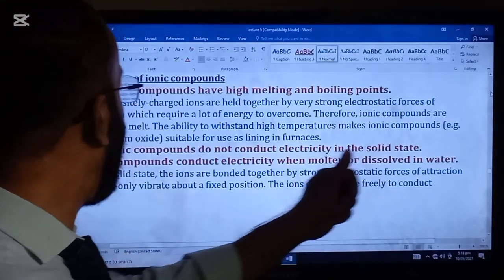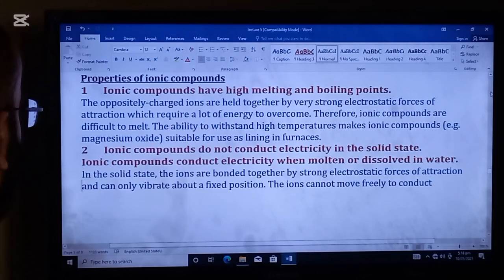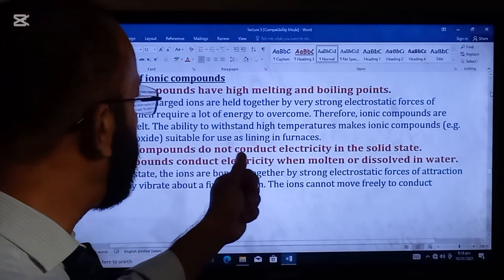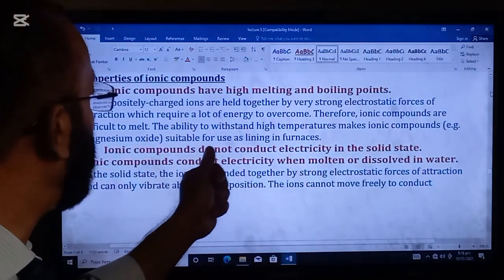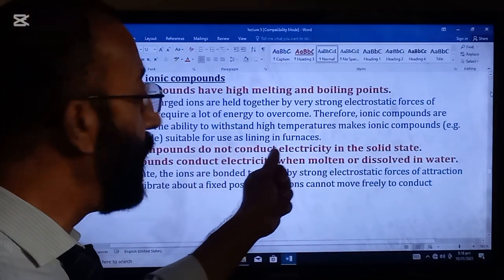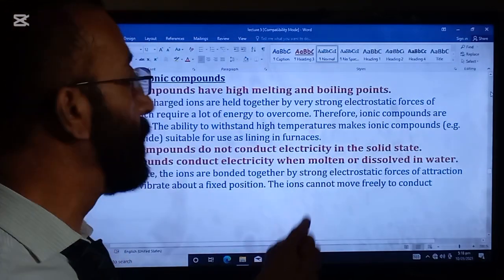Therefore, ionic compounds are difficult to melt. The ability to withstand high temperatures makes ionic compounds suitable for use as lining in furnaces. This is a use of ionic compounds.